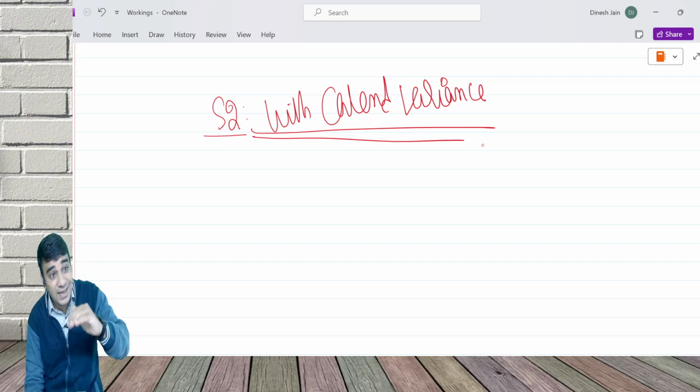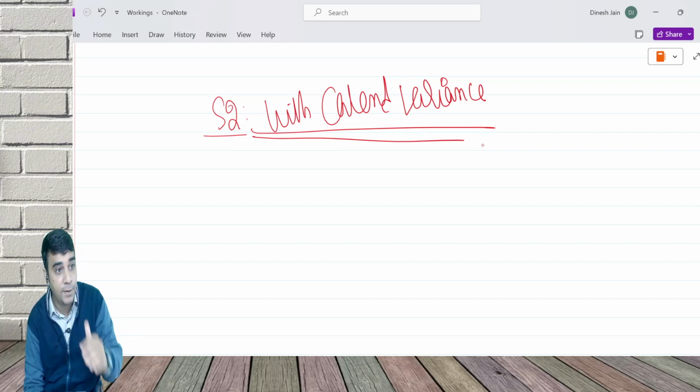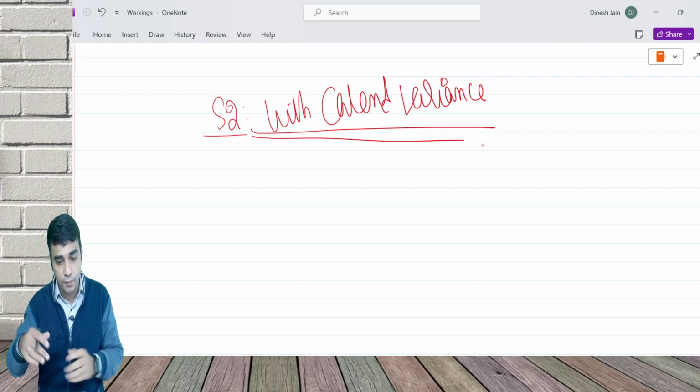So if I can increase the number of days of operation, my costing per student can go down because I can run multiple batches. Maybe I complete this batch faster and then do another batch. So my cost can go down. If I'm able to take more batches or more classes in a month, it is favorable for me. So calendar variance is also one more reason for your volume variance.